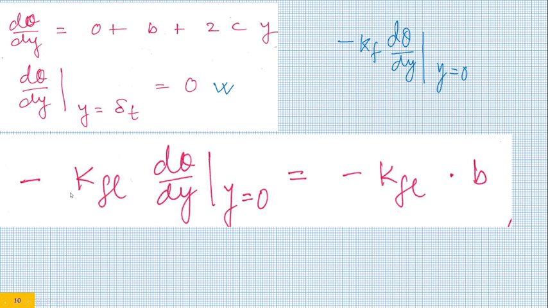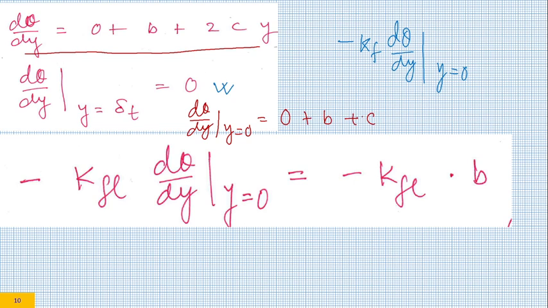So KFL into d theta dy at y equal to 0 is nothing but KFL into B. Why? Because this is the expression of d theta dy. So d theta dy at y equal to 0 becomes 0 plus B plus 2C into 0, which is B. So it is nothing but minus KFL into B.